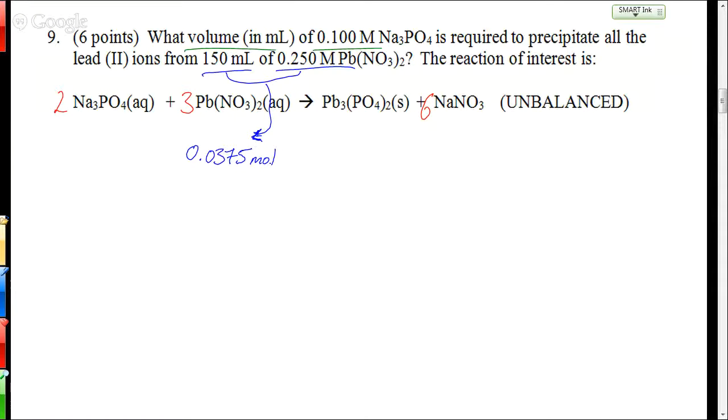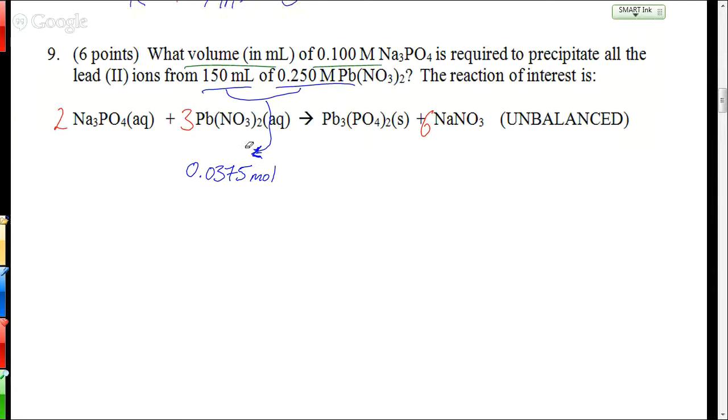Is that what you got? Yeah. Or did you just do it all together in one big line so you don't have the individual numbers? That's fine. So we can look at how to do that too. So this way, we want to know how much of this is required.